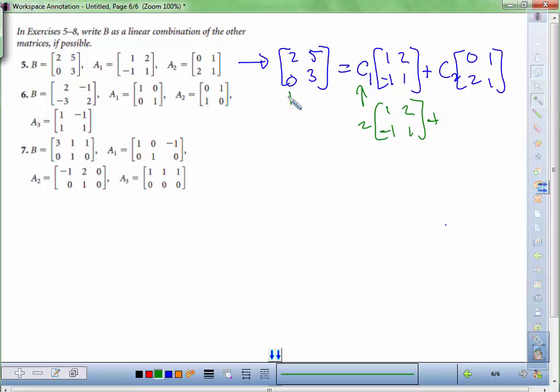The other thing is that this entry is a 0. We have 2 times negative 1 here. Is that going to work? Then 0, 1, 2, 1. So will this work?